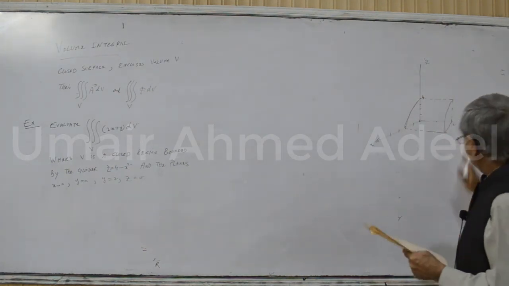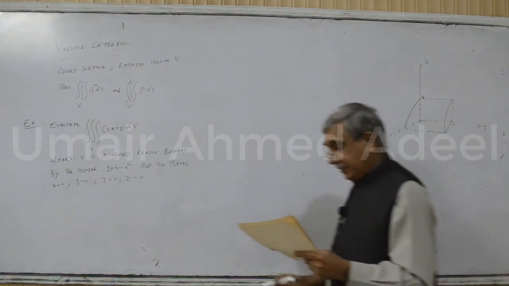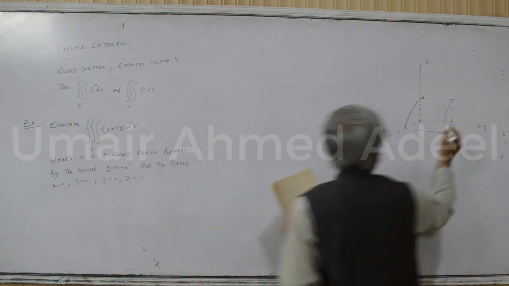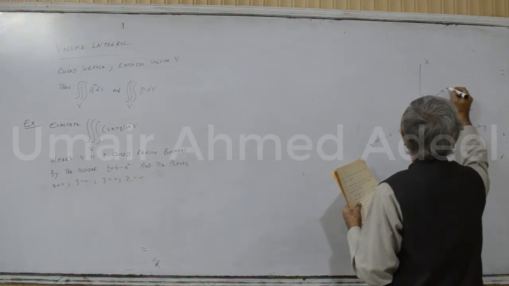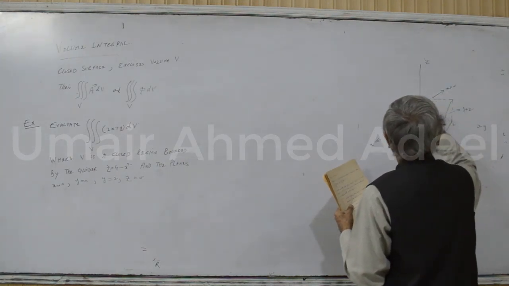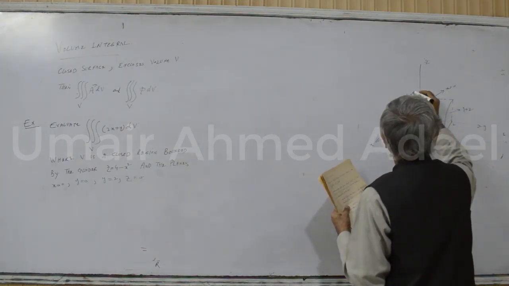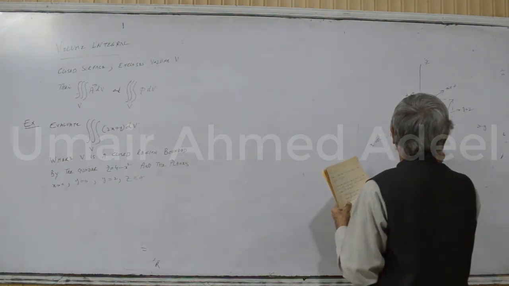So that is the cylinder, a portion of the cylinder, and this is the y is equal to 2 plane, that is the x is equal to 0 plane, that is the y is equal to 0 plane, and that is the z is equal to 0 plane.